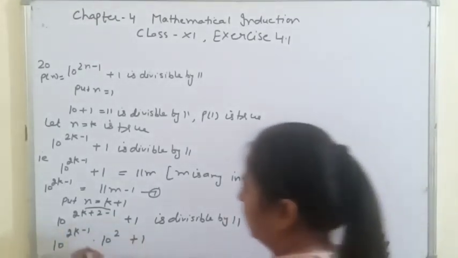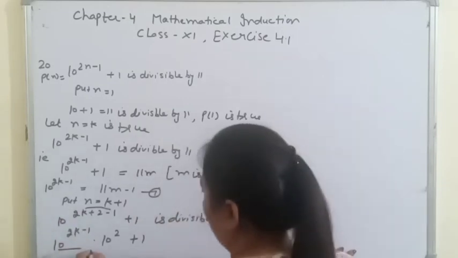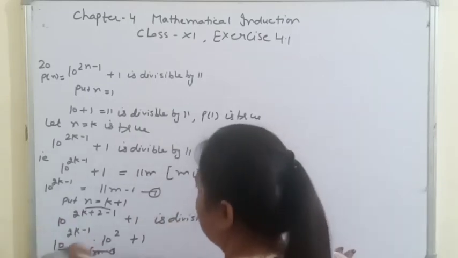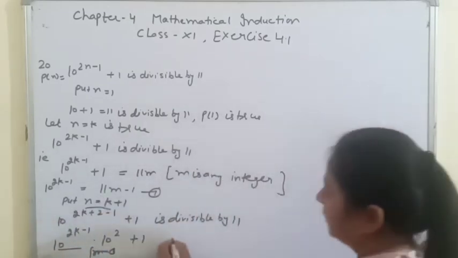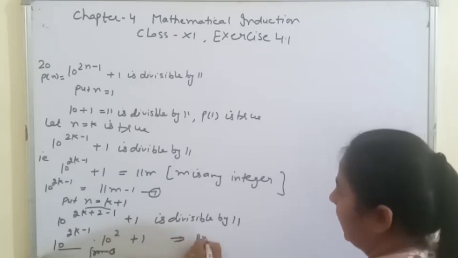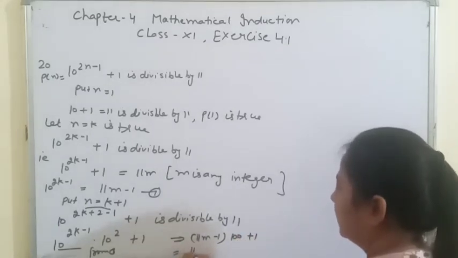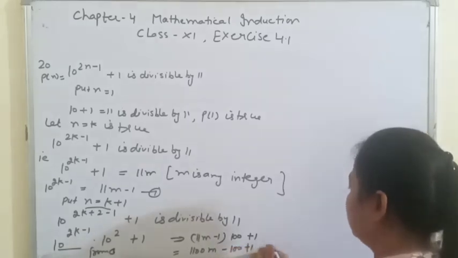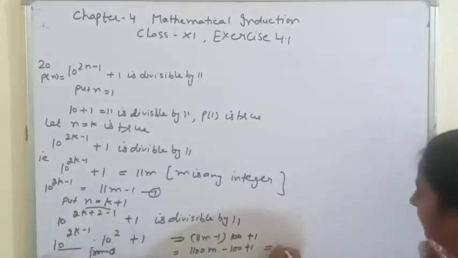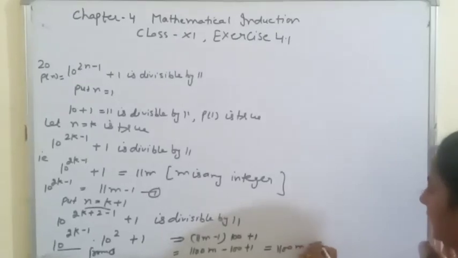This is 10^(2k-1) times 10^2, plus 1. In place of this I can write 11m minus 1, and this is 10^2, which is 100, plus 1. This is 1100m minus 100 plus 1. So 1100m minus 99.